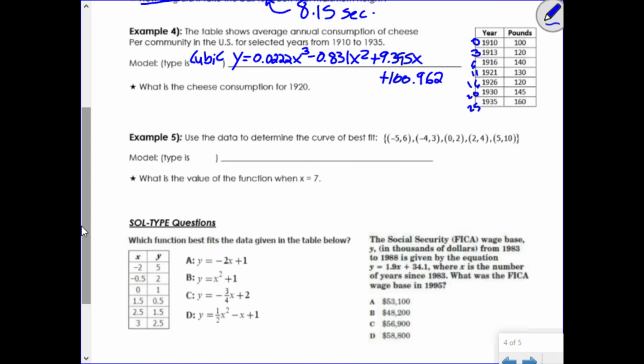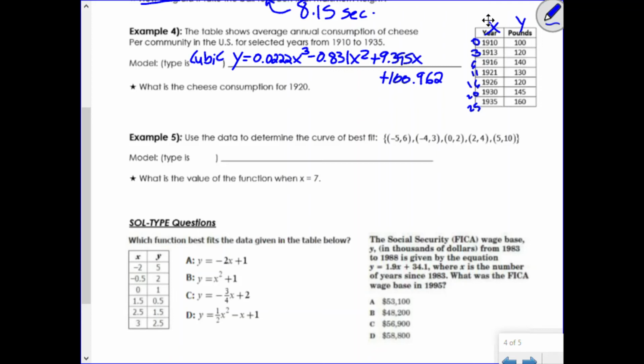So if you see a maximum or a minimum question, you can expect that function to be quadratic. But for this question that we see here, they're asking what the cheese consumption would be for a particular year. And if you look at our chart, you can see that the year over here would be x, and then whatever the consumption is by pound is y.